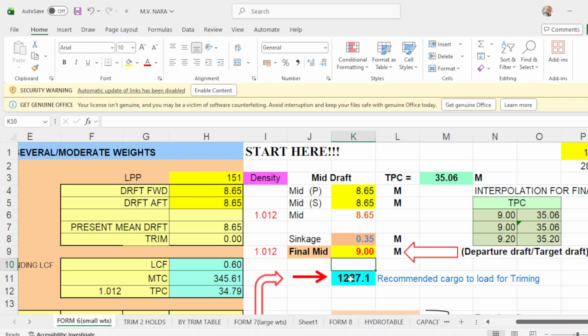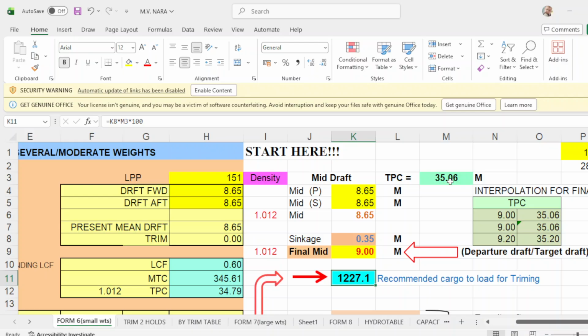How did he get this amount? See the formula? K8, which is K, and 8 is your sinkage, times your M3, and this is the TPC that I use, or the program used, from 9 meters. You interpolate the TPC, then you will get 3506, which is this one.